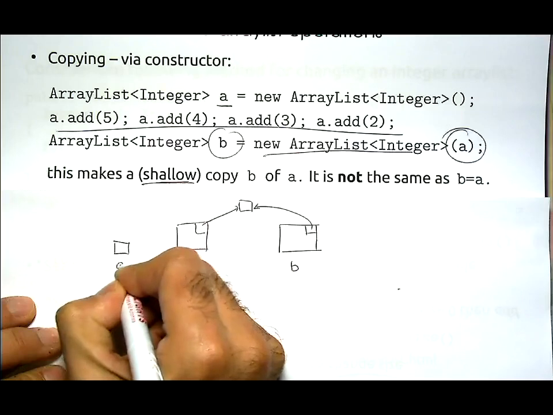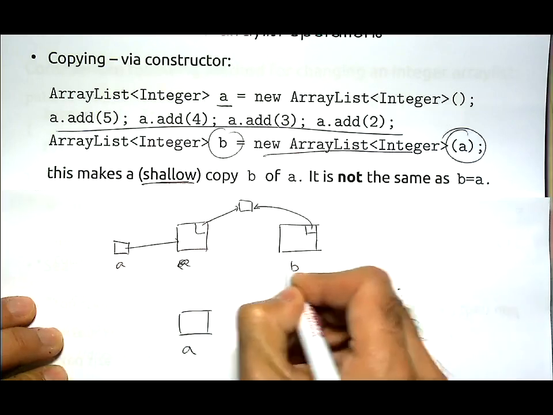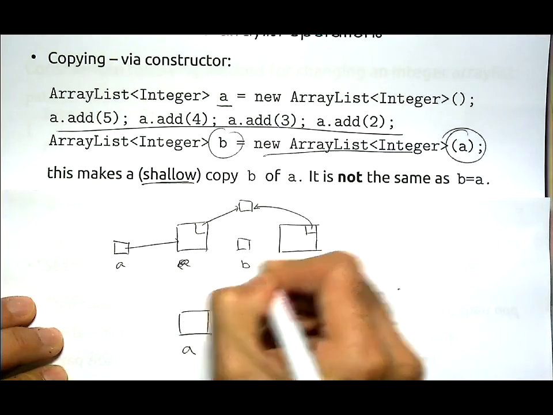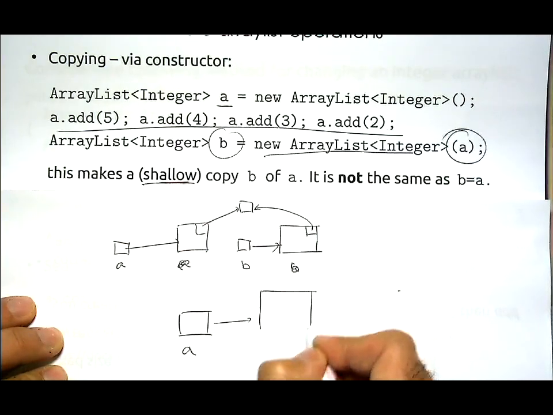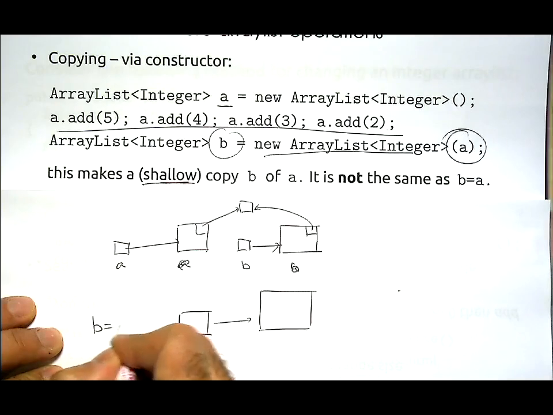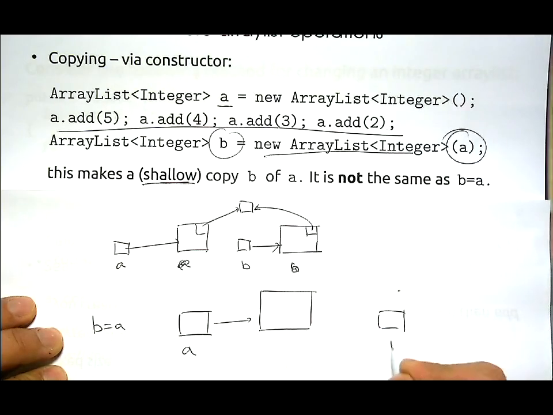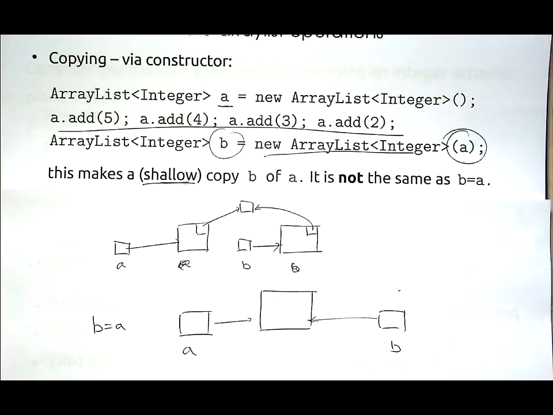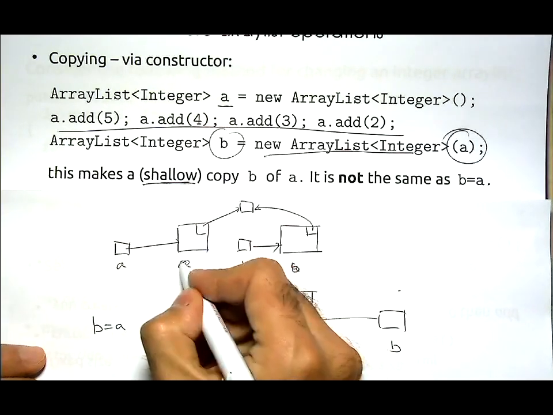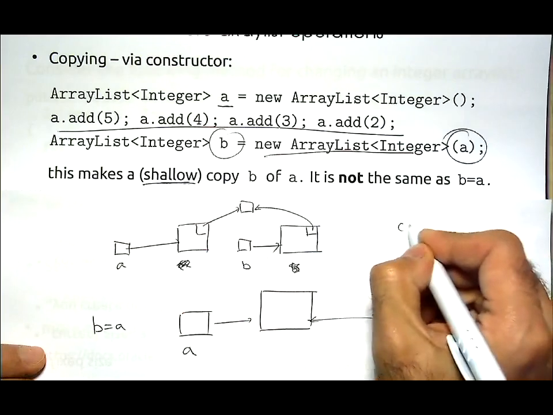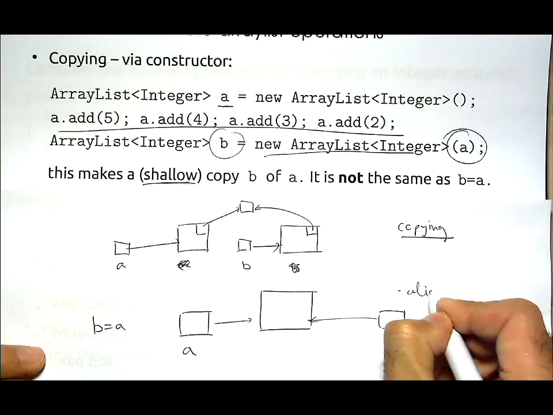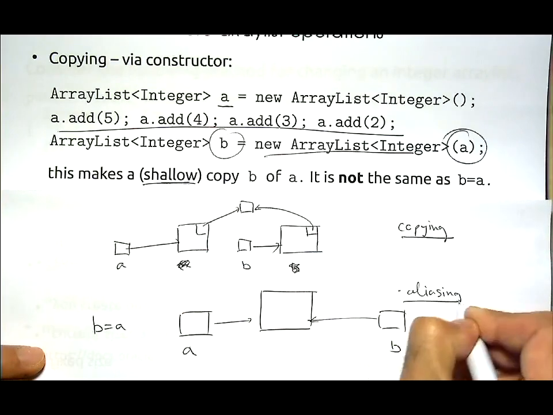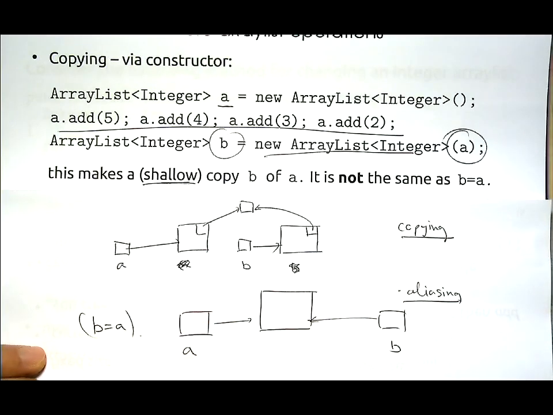So this is A, and this is B. Whereas if I have B equals A, I create a new reference to the same object. Okay? So this is copying, whereas this is aliasing basically.